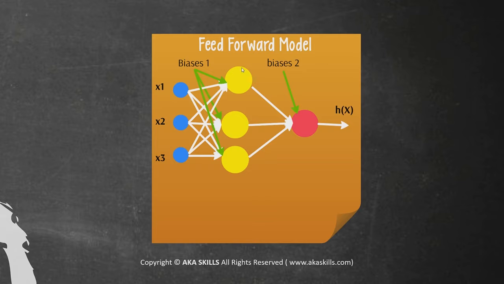This is more complex than the previous one because now we don't have only one cell; we have three cells, and each does its computation, feeds it to the final cell, which adds the bias, and then outputs.